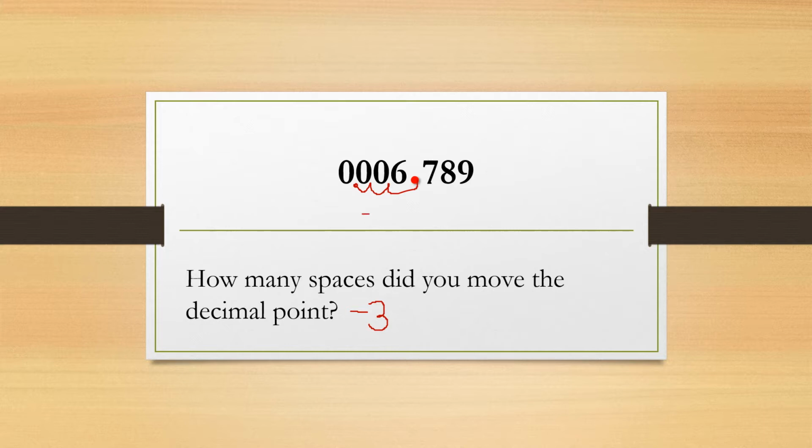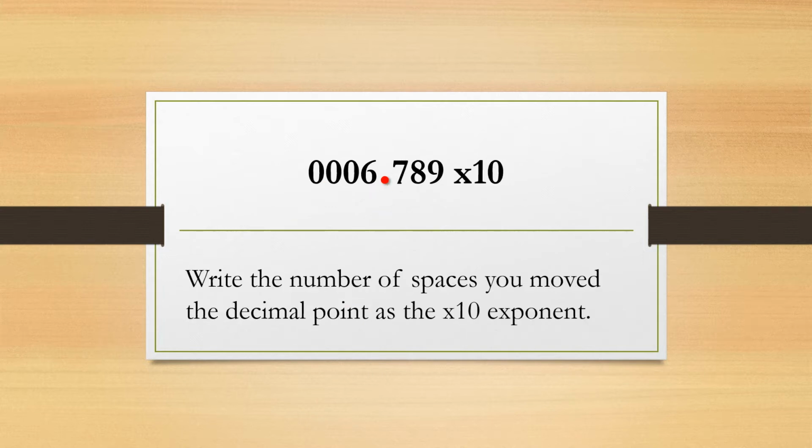We moved the decimal place this way. So if you move it to the right, the exponent's going to be negative. So how many spaces did we move the decimal point? Negative 3 spaces. So now we have the 6.789. Again, we're going to drop these zeros when we rewrite this to make it look pretty. 6.789 times 10 to the negative 3.